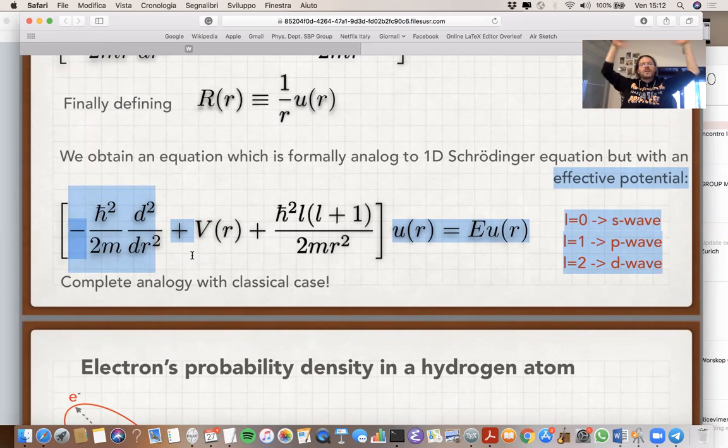We have reduced the three-dimensional Schrödinger problem to an effective one-dimensional Schrödinger problem for a wave function u that has precisely the structure of a one-dimensional Schrödinger equation.